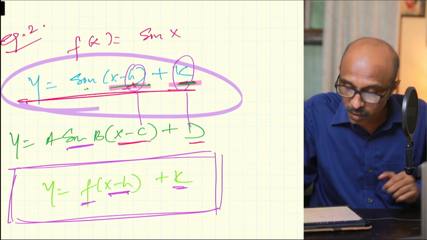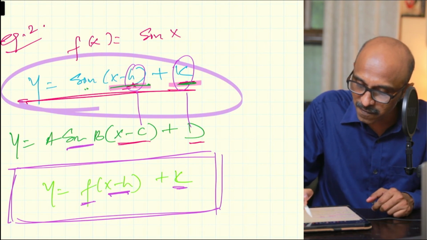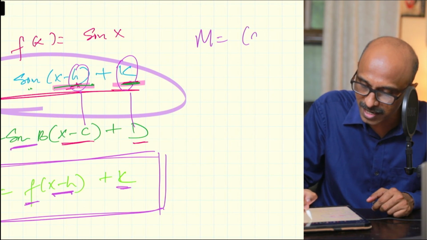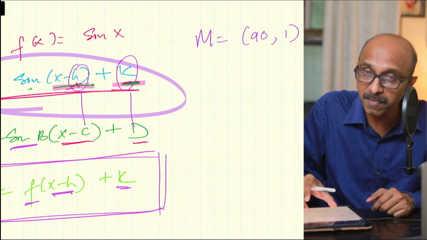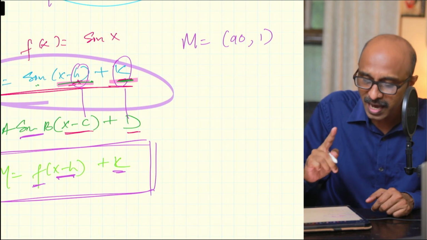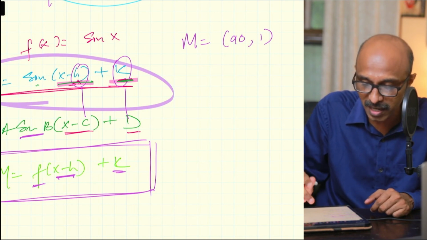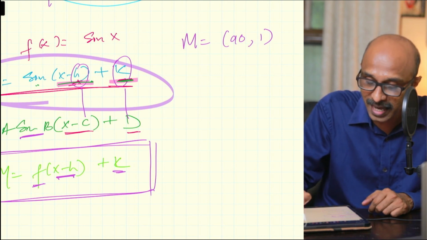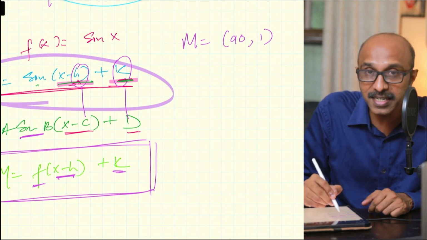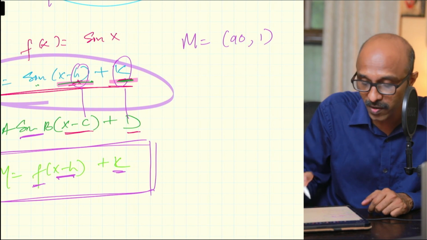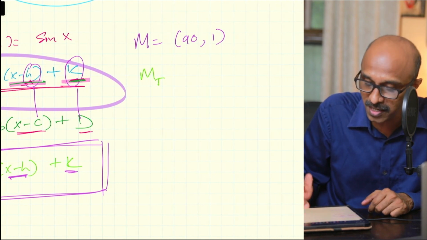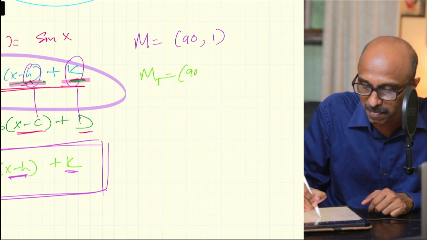So if we were to make a note of this observation, we'd say that if the maximum of the parent function was occurring at 90, 1, if the coordinates of the maximum were 90, 1, meaning at x equals 90 degrees you've got the maximum value, and the maximum value of the parent function sine x is 1, then for a translated sine function with h and k, the maximum, so I'm just putting mt, meaning the translated, would occur at 90 plus h and 1 plus k.